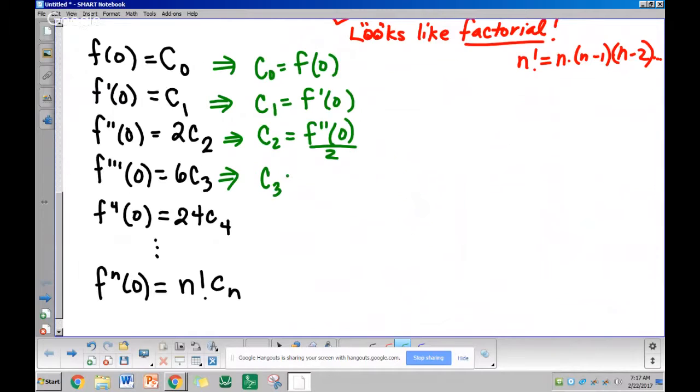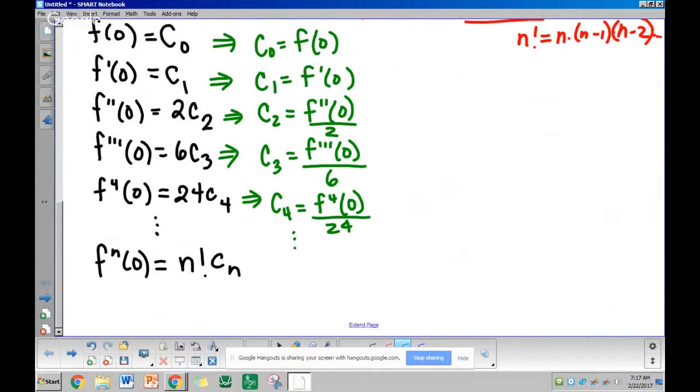C sub 3 is going to equal f triple prime of 0 divided by 6. C sub 4 is going to equal the fourth derivative evaluated at 0, over 24. And then the generic c sub n term is just going to equal the nth derivative evaluated at 0 over n factorial.